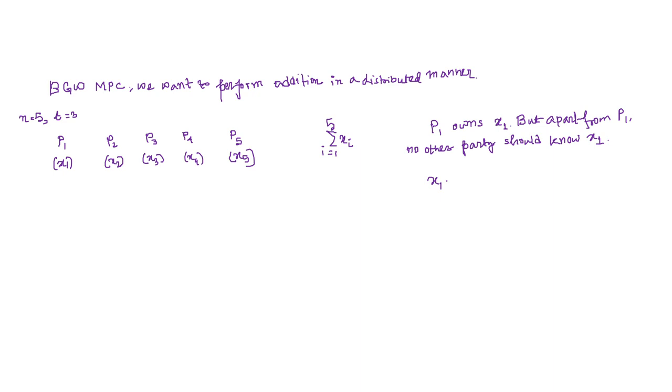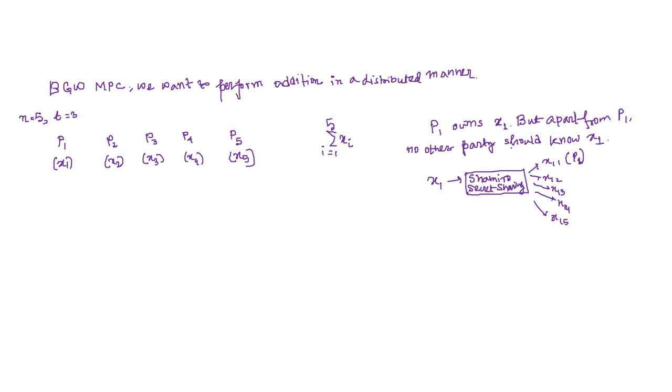So we apply Shamir secret sharing, and we generate shares, say x11, x12, x13, x14 and x15, in such a manner that P1 keeps x11 to itself.